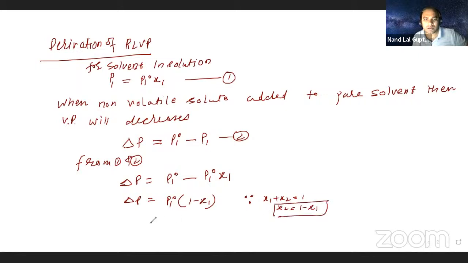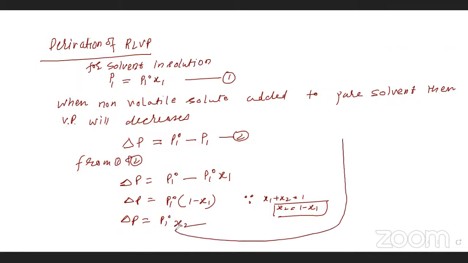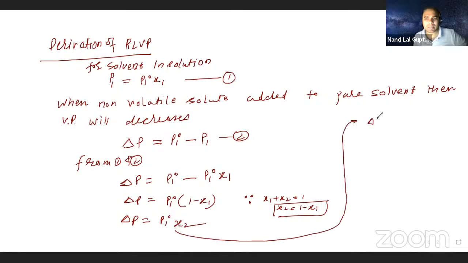So from here we can write delta P is equal to P1 naught X2. Can you write like this? Yes. So delta P upon P1 naught is equal to X2.